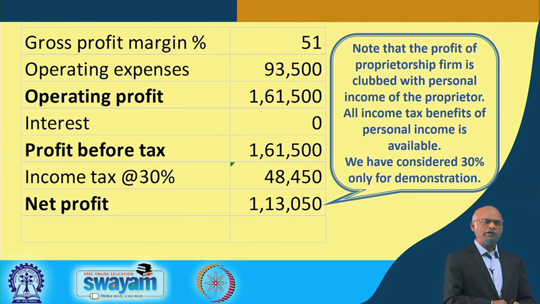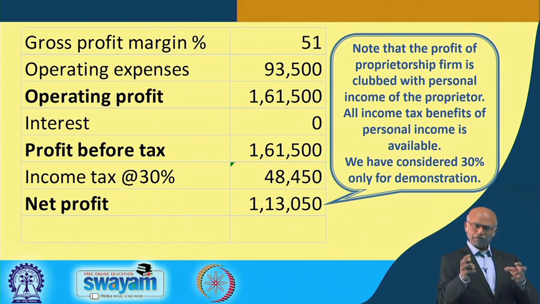This is actually applicable for a partnership firm or private limited company. The tax rate is flat 30%. Beyond 1 crore, another 10% surcharge is added, but below 1 crore it is 30%. For a proprietorship firm it is different, but just for convenience I have taken 30%.